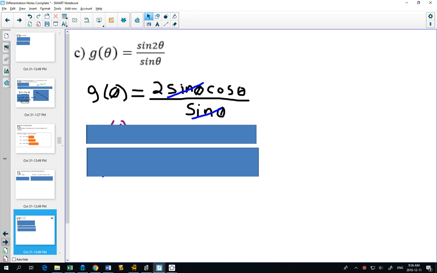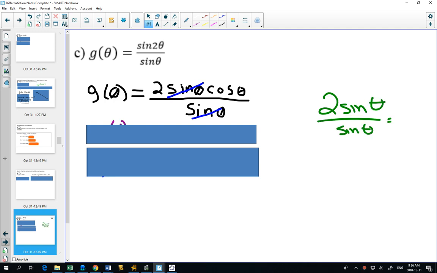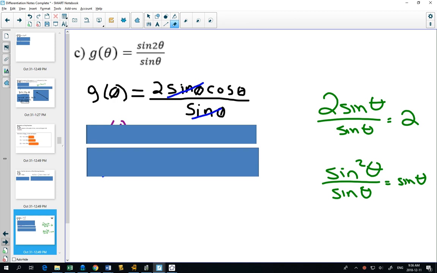So this is a good question. 2 sine theta divided by sine theta. The question is, is this just sine theta? No, the answer to this is 2. If you have sine squared theta over sine theta, this would be sine theta. And if you think about numbers, if I have 2 times 3 divided by 3, is this 3?